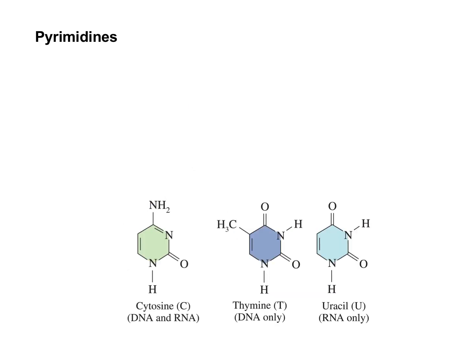Then we also have the pyrimidines. DNA contains 2 pyrimidines: thymine and cytosine.